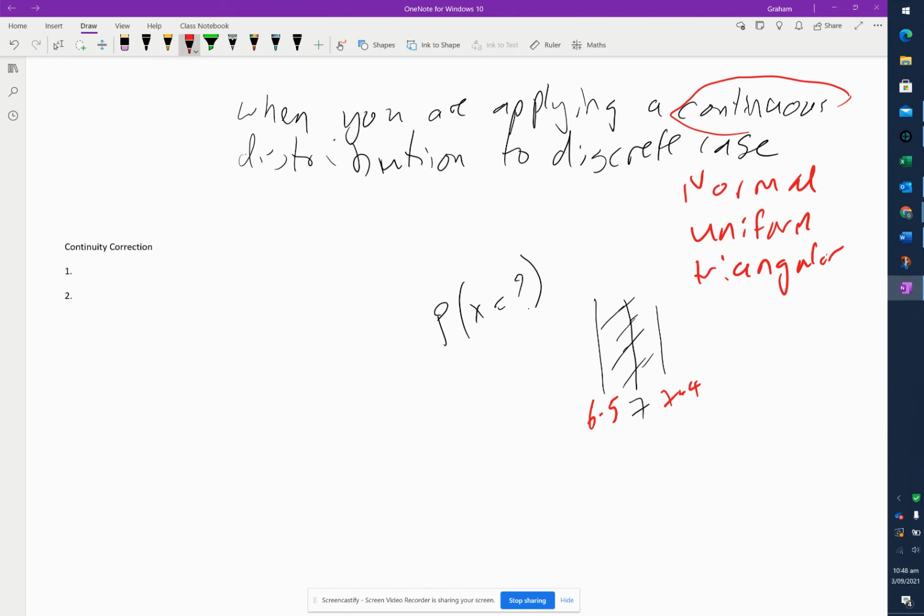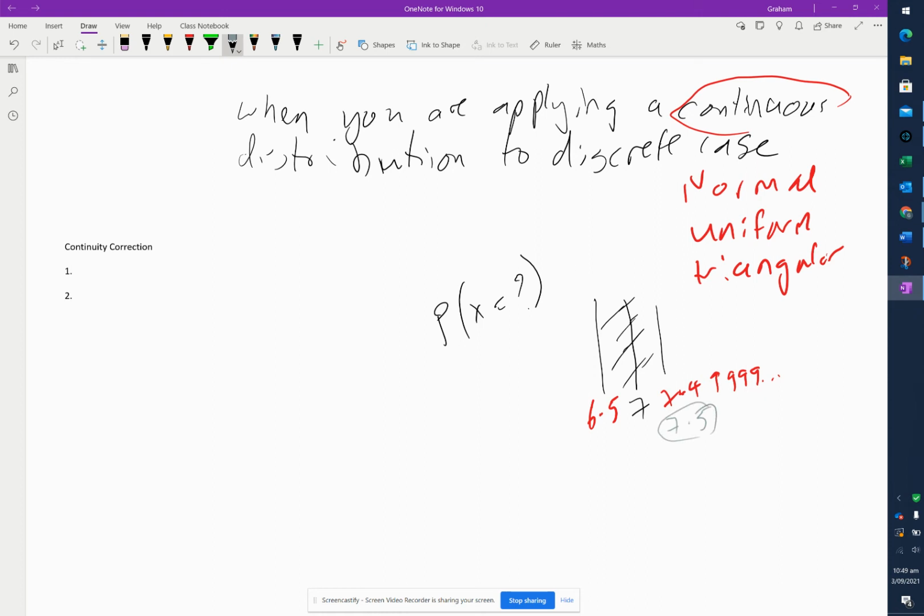Because I could get 7.49 and then I could keep on going with those nines, and all of those nines are smaller than 7.5, which is when I would round up. Now, I'm not ever going to get you to type in 7.49999 recurring forever, because that's just insane, because that is so close to being 7.5, it makes no odds.